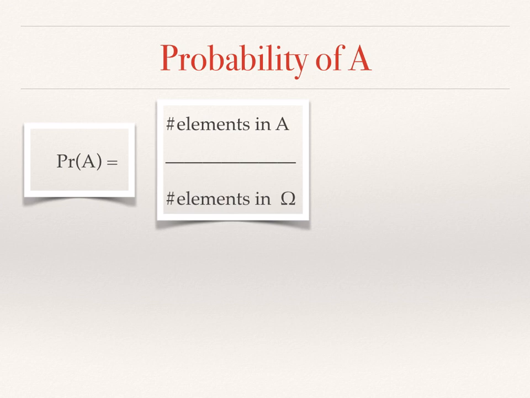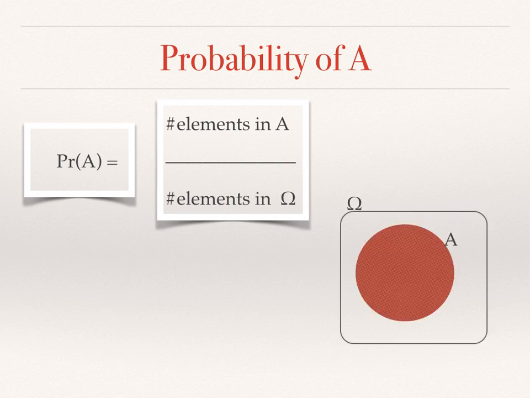Pictorially, this is represented as a big rectangle, Omega, and then your set A, which represents the event of interest, is drawn as a circle. Nothing new so far.